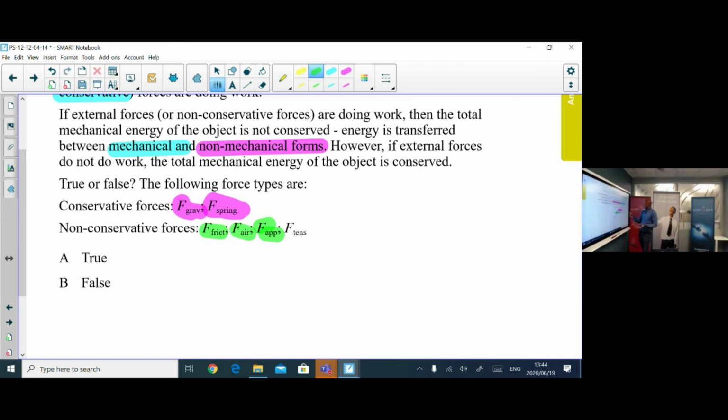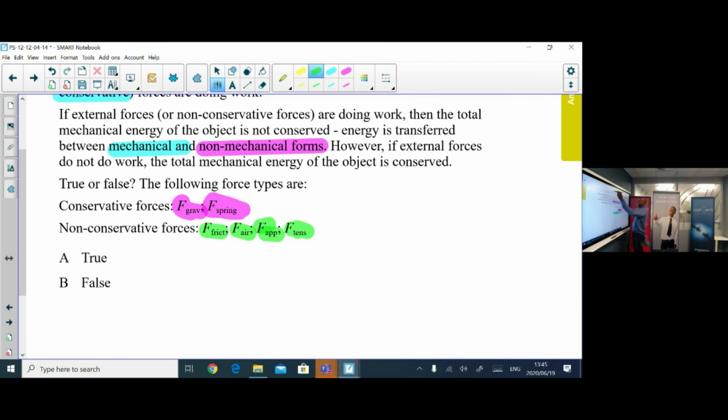That is an applied force, still a non-conservative force. Friction, air resistance and applied force all belong to the non-conservative forces. The tension is also very important and is part of the non-conservative forces. In other words, the conservative forces given there are correct, and the non-conservative forces given there are also correct.